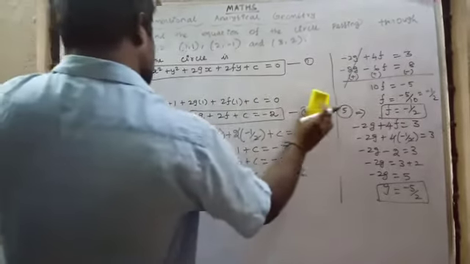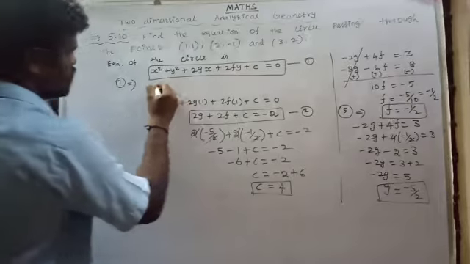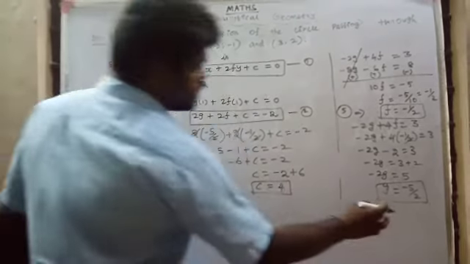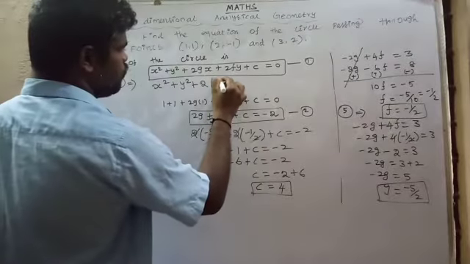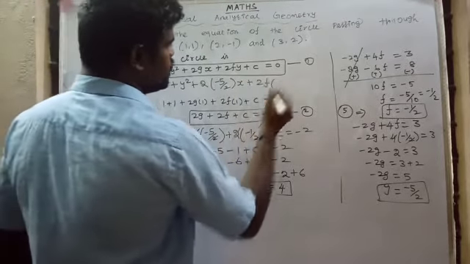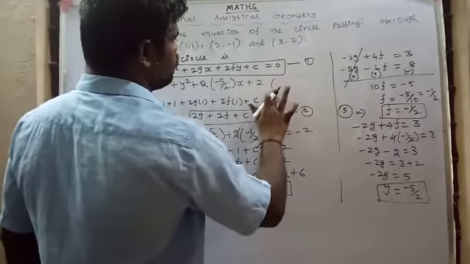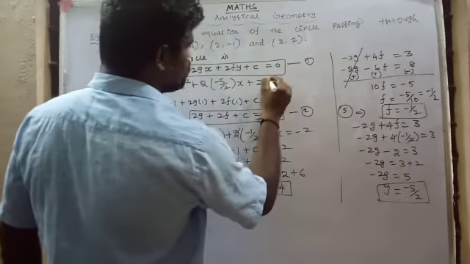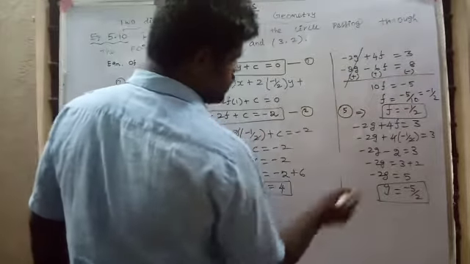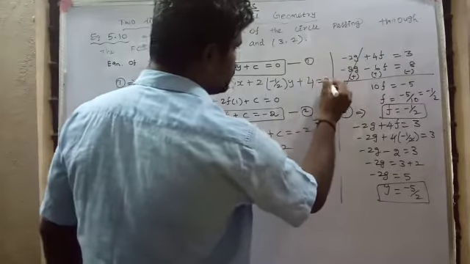Apply the equation 1: x squared plus y squared plus 2g x plus 2f y plus c equals 0. The g value is minus 5 by 2, into x plus 2f into y. The f value is minus 1 by 2, plus the c value is 4, equal to 0.